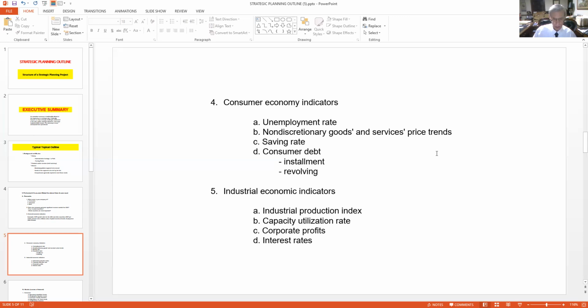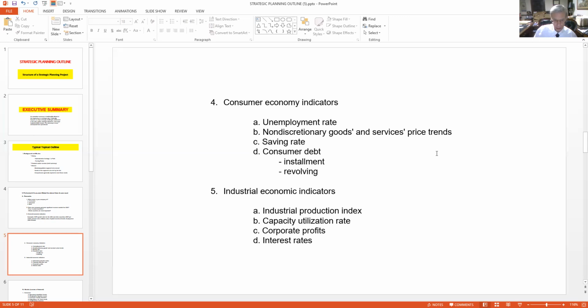That takes us to industrial economic indicators. Industrial production index obviously is a key. We know what happened to industrial production during the pandemic, and in several industries, industrial production and the production of that industry has recovered.